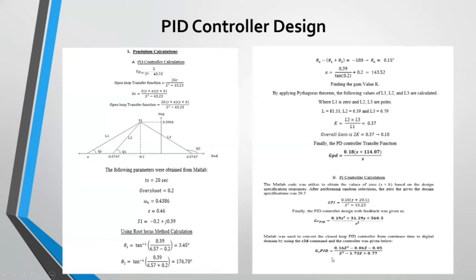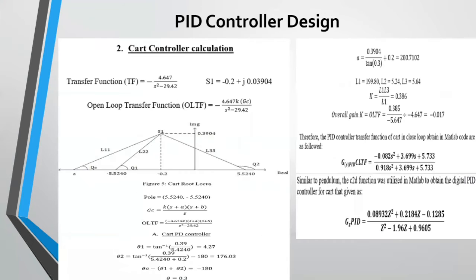The digital PID controller comes to 0.016 Z squared minus 0.06 Z minus 0.05 over Z squared minus 1.73 Z plus 0.77. From here, my friend Roya will continue and discuss the PID calculation for the cart. Thank you, Roya.